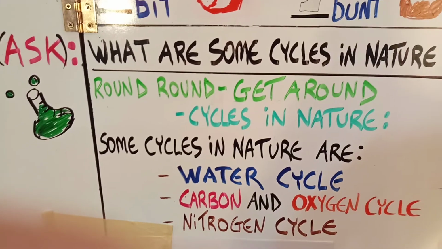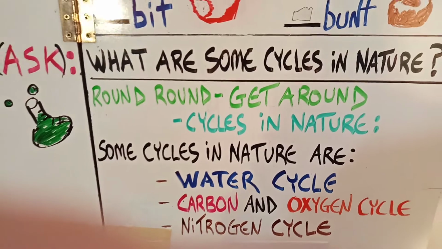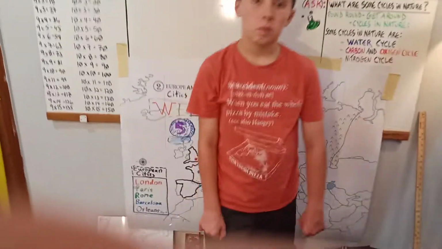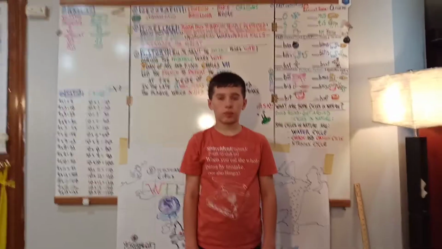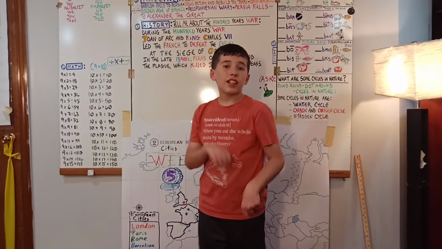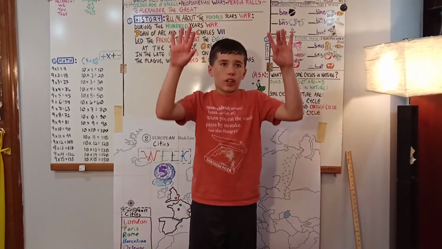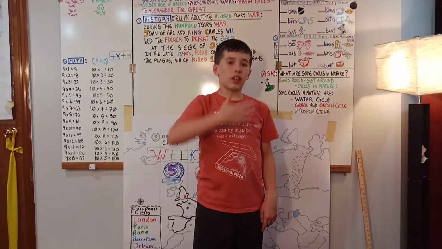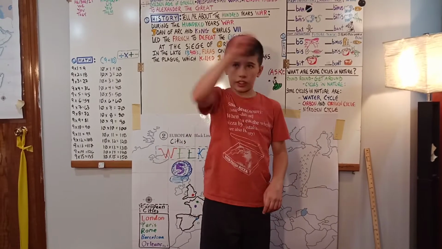And for science, we'll ask, what are some cycles in nature? It'll be to the tune of the Beach Boys, Round, Round, Get Around. So I would ask that question, and the students would say, "Round, round, get around. Cycles in nature. Some cycles in nature: a water cycle, carbon and oxygen cycle, nitrogen cycle."